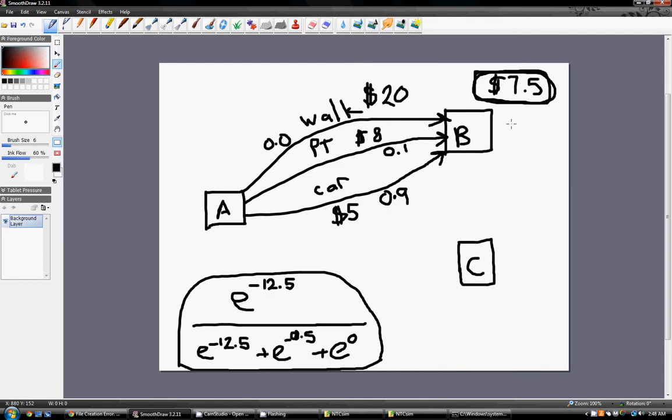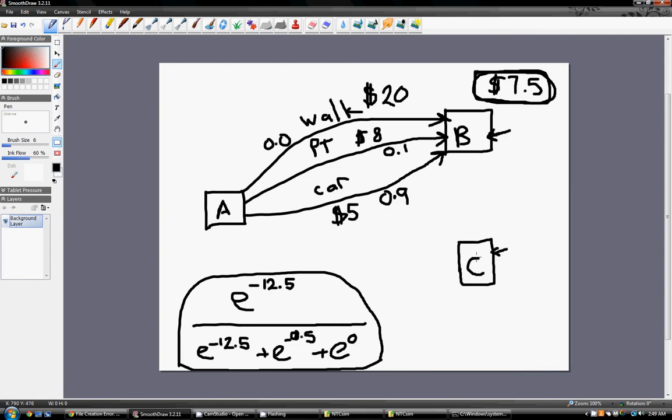So that basically gives us everything we need to calculate travel demand, because we can work out, let's say, how attractive this destination is, taking into account its intrinsic value and all the costs of getting there by all the different modes.